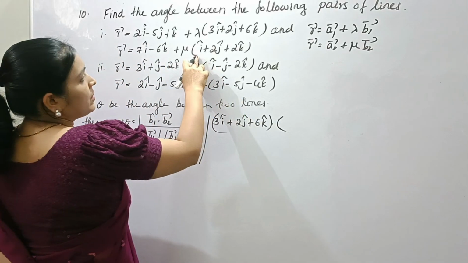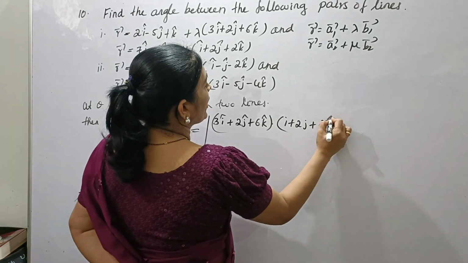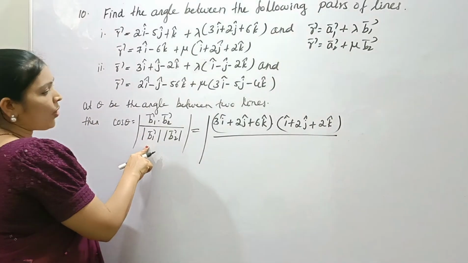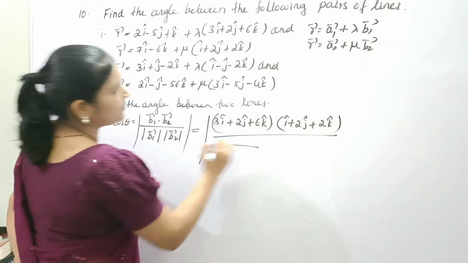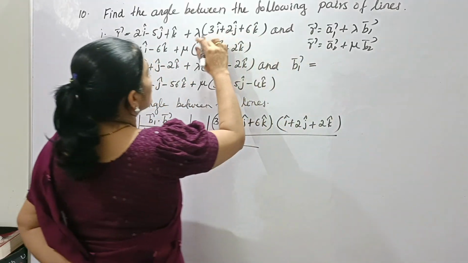Substituting, vector b1 is 3i plus 2j plus 6k, dot b2, which is i plus 2j plus 2k, divided by modulus of vector b1 into modulus of vector b2.